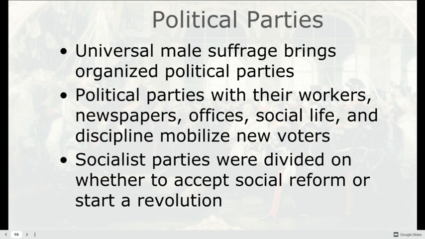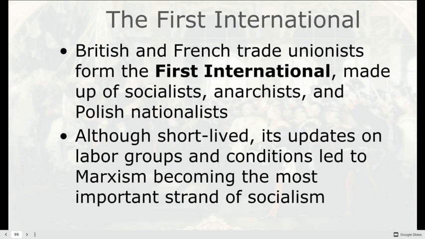And these political parties would work with the media, especially newspapers, to put out their message. And eventually you would see the development of socialist parties. Depending upon where and who they were, they might want to engage in more radical efforts. British and French people created the First International.